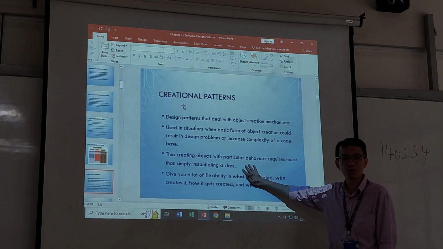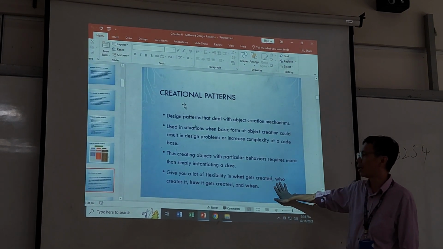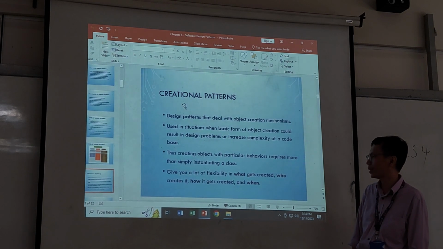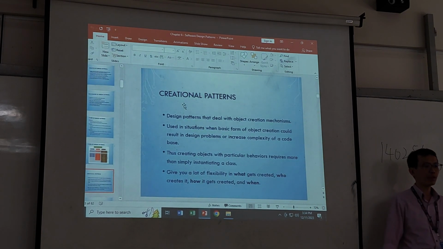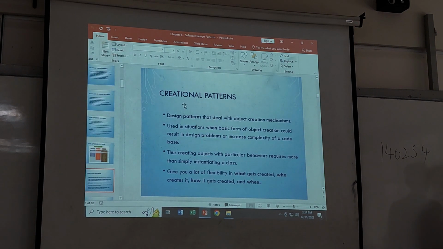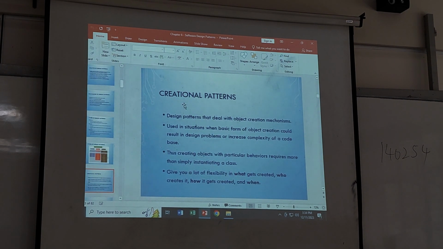So this is what I'm trying to help you with. It gives you a lot of flexibility in what gets created, who creates it, how it is created, and when it is going to be created. Okay? So this is the best way of using the creational methods.